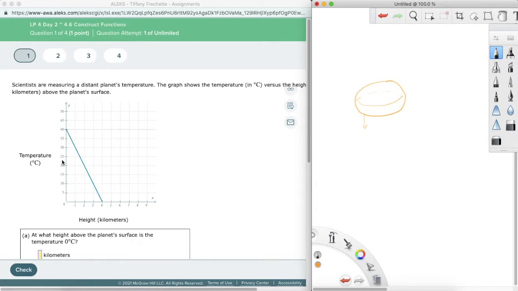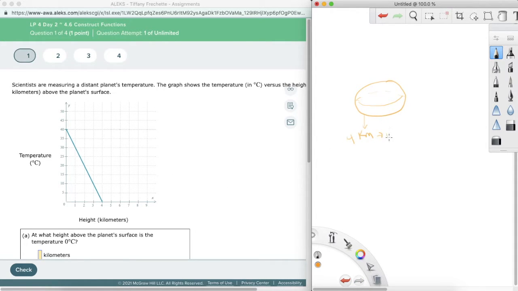But if you notice, the line is not going up. What we call this is a negative slope because it's going down from left to right. As the height goes up, the farther away we get from the planet, the colder it actually gets. At 0 kilometers on the surface, it's 40 degrees Celsius. But at 4 kilometers above the surface, pretend this is 4 kilometers, that would correspond to 0 degrees Celsius.